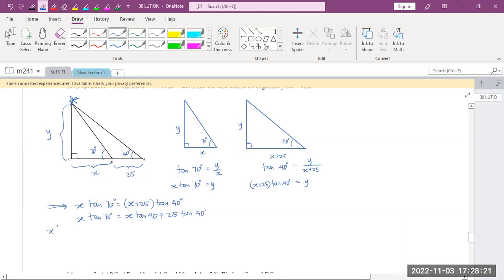So X tangent 70 degrees minus X tangent 40 degrees equals 25 tangent 40 degrees. I factor the X out.